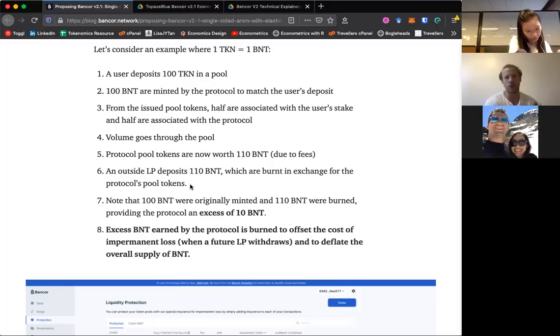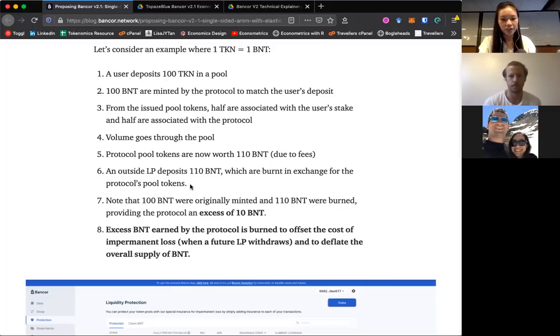And that's essentially what we're showing in this example: in between the time the protocol provided the BNT and another liquidity provider came in to replace that protocol-provided BNT, the protocol BNT generated fees that were then burnt as this excess BNT once this other LP came in and replaced the protocol BNT.